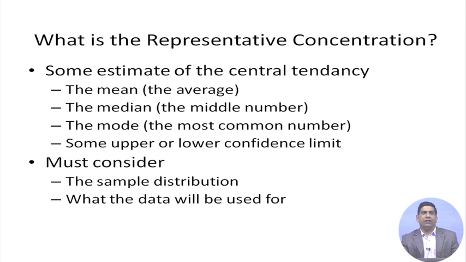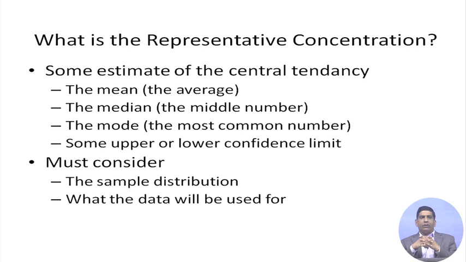Now what is the representative concentration? In terms of statistics, there are estimates of the central tendency. We talk about the mean, which is the average, the median, which is the middle number, and the mode, which is the most common number. Then there are upper and lower confidence limits, which are also used in statistical analysis.